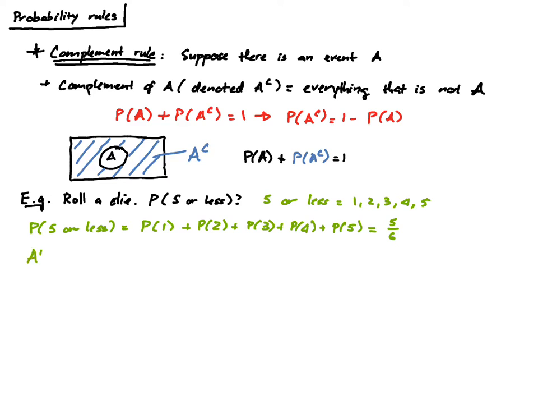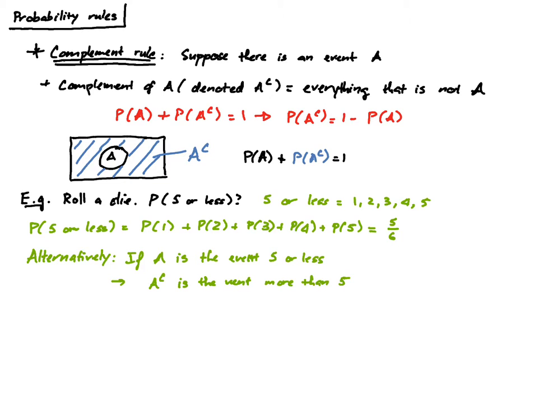Now, I can do this problem a little differently, right? So alternatively, if I let A be the event 5 or less, then the complement of A is the event more than 5, right?